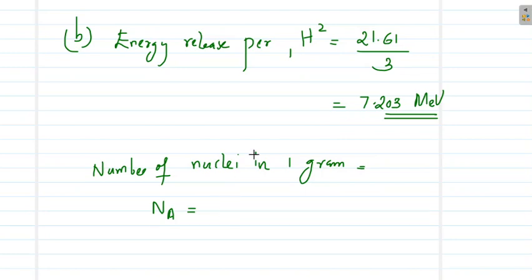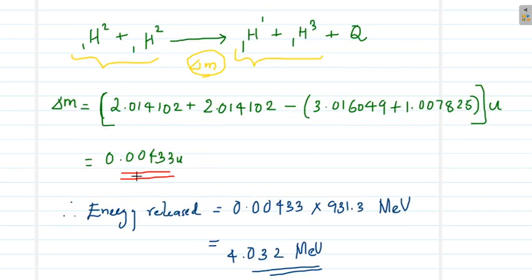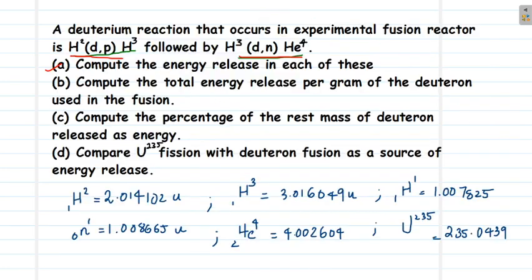For example, in the case of 1H2, the total mass is 2.014102 u. It is a very small quantity, with a power of 10 raised to minus 27. So we usually represent this unit in terms of gram. If you represent the weight in terms of gram, you have to take Avogadro number of that nucleus or atom.